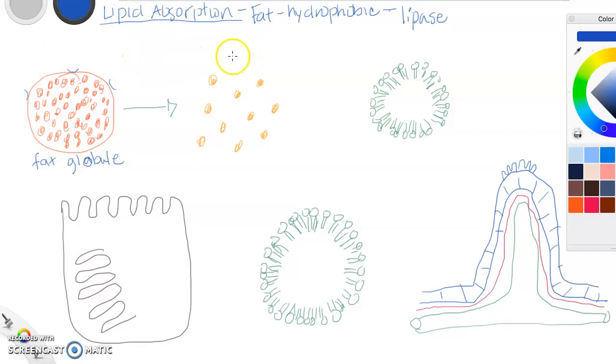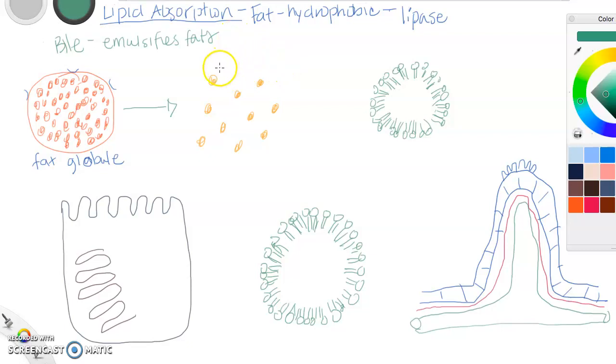So that's where we have something called bile that comes into play. Bile is a substance that emulsifies fats. Basically, emulsifying the fat breaks up that big old fat globule into lots of little particles.